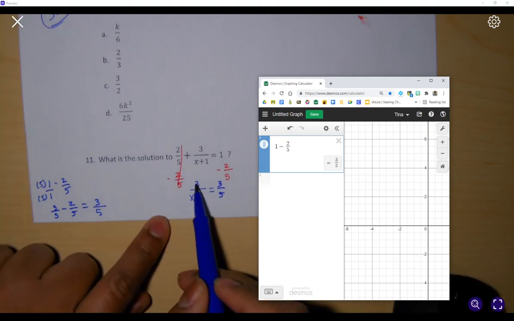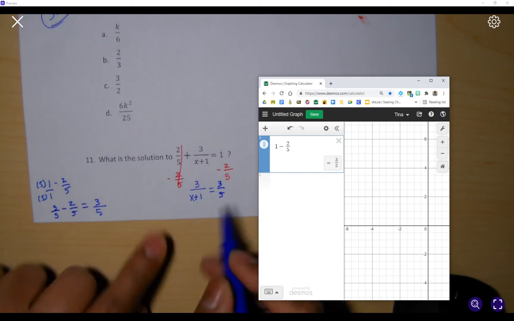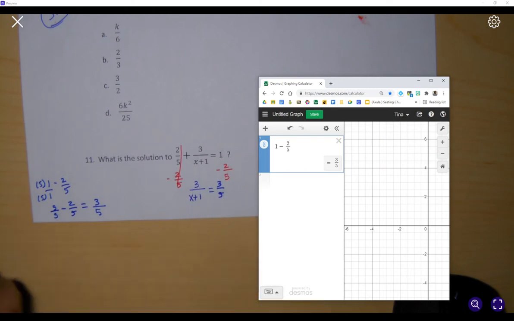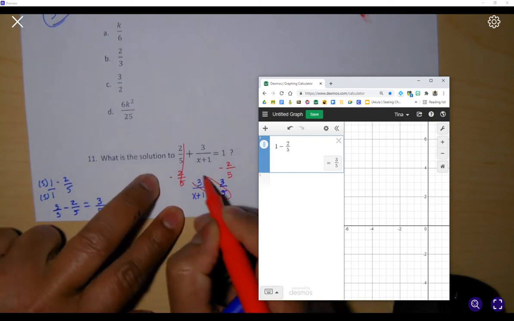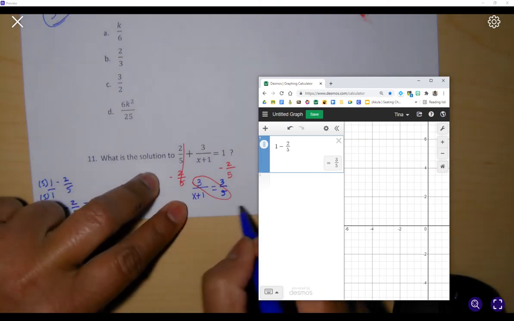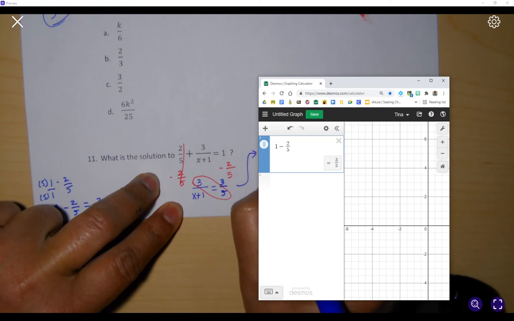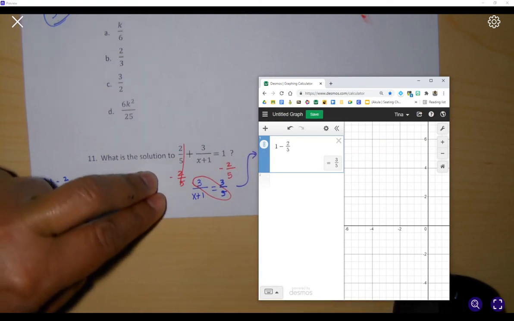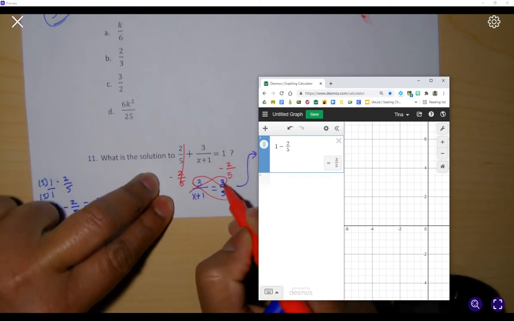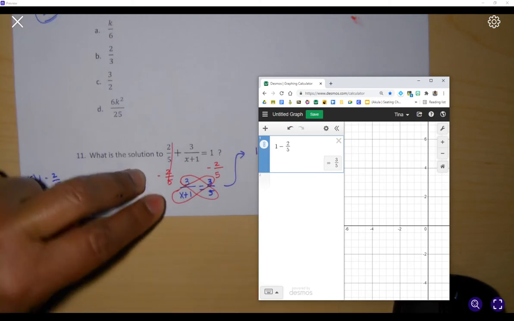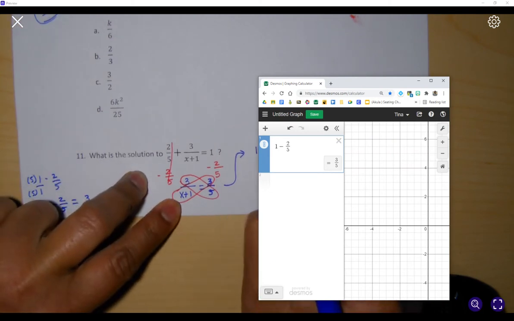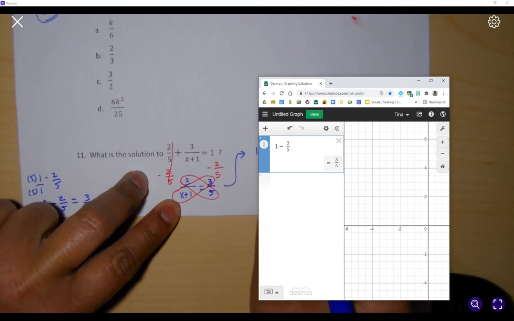And then here you can now cross multiply. So you're going to do 3 times 5, which is 15. I don't have space here, so I'm going to write it up here. 15 equals, and then you multiply 3 times this. Just make sure that the 3 gets distributed. So 3 times x plus 1.